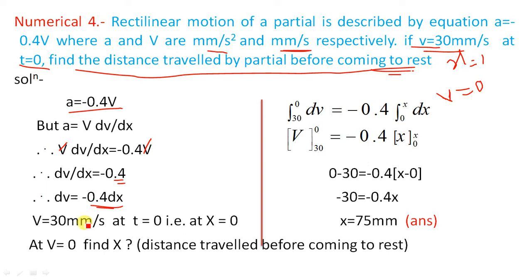Now v is equal to 30 mm per second at t is equal to 0, that is x is equal to 0. It is mentioned over here, if v is equal to 30 mm per second at t is equal to 0, so here I have substituted those values.